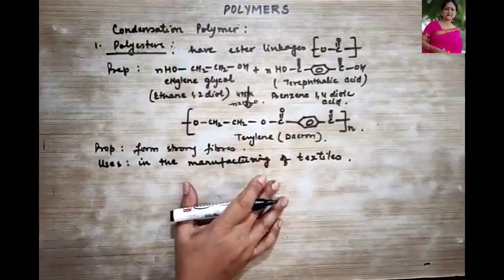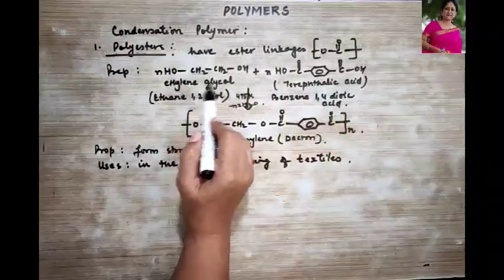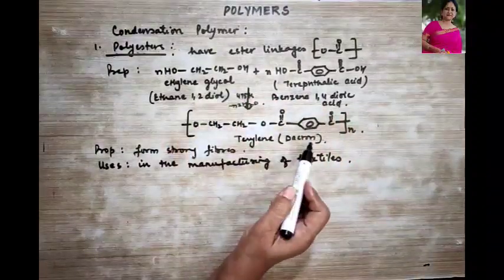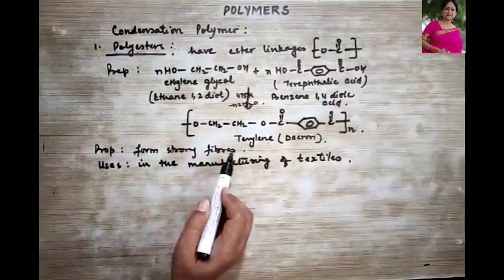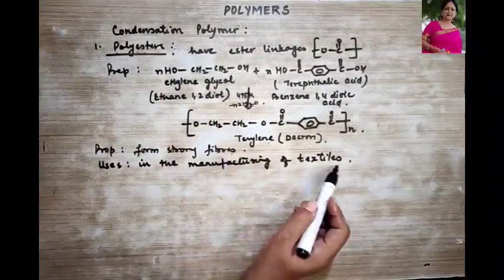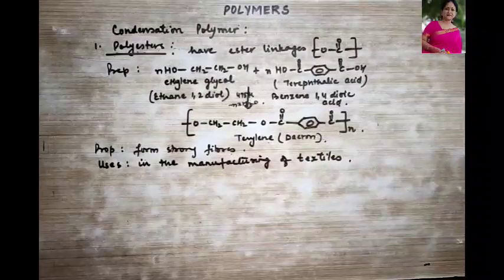I hope this is clear that many ester linkages combine with ethylene glycol to form Dacron or terylene, which is your polyester. It is a strong fiber and it is used in the manufacture of textiles, right?